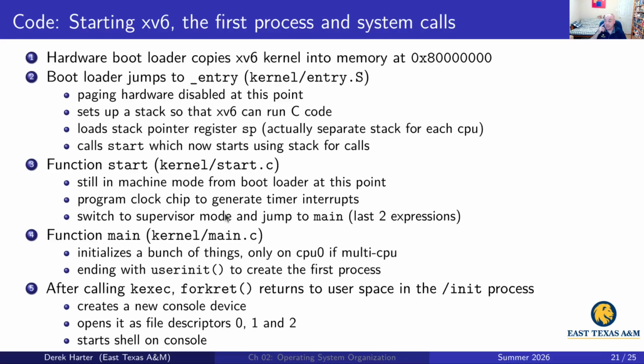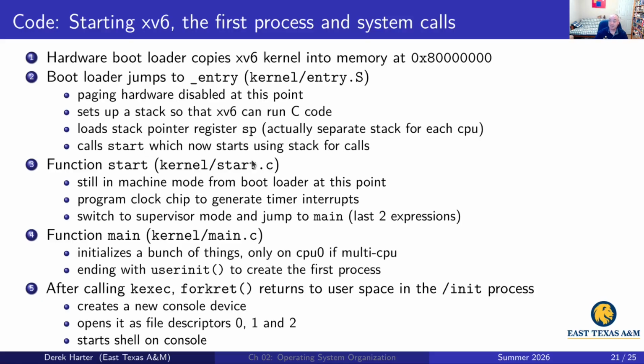So we're still actually in machine mode. When we look at the start code here, this is our first actual compiled C code, so we're actually going to be running C code here. This does some setup that can only be done in machine mode, and then it switches to supervisor mode.